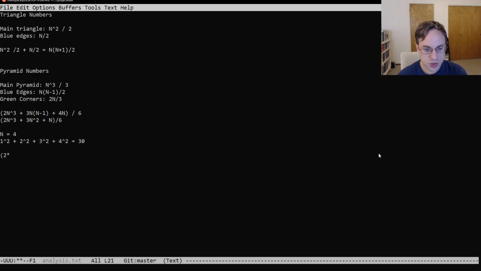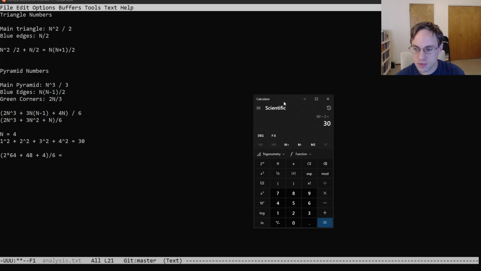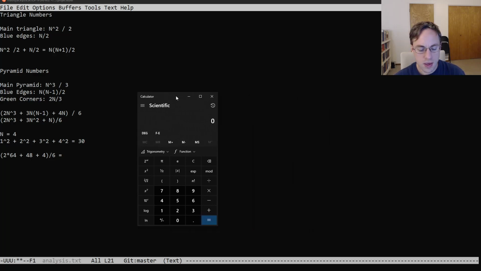So that's going to be 2 times 64 plus 3 times 16, so that's 48, plus 4, divided by 6. And so then we can do 128 plus 48 plus 4 divided by 6. And that gives us 30 as expected.